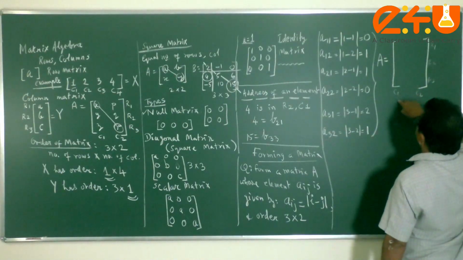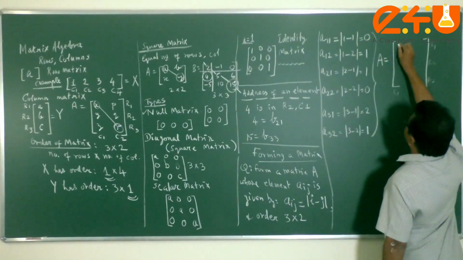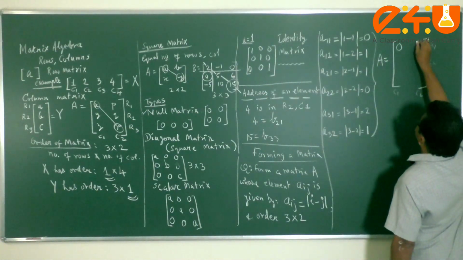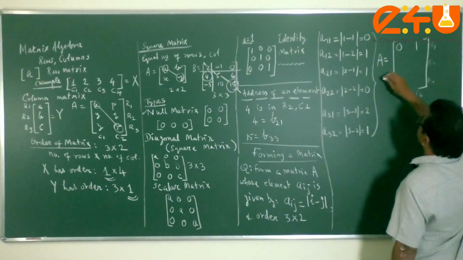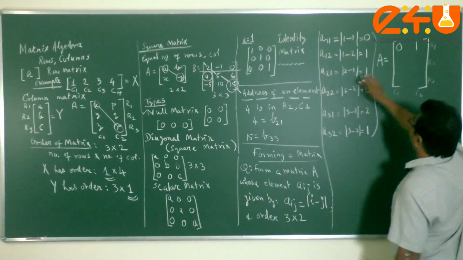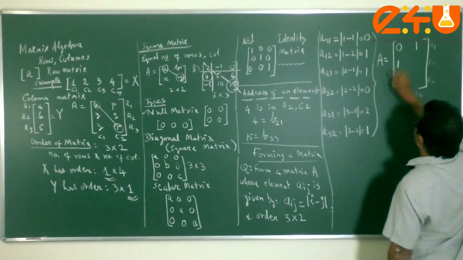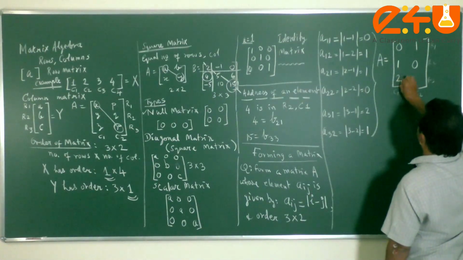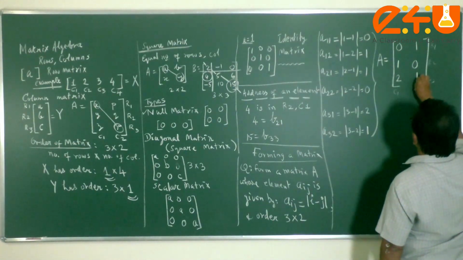So row 1, column 1 is filled with the first element 0. Row 1, column 2 is filled with 1. Row 2, column 1, that is called 2, 1, which is 1, followed by 0, then 2, followed by 1.